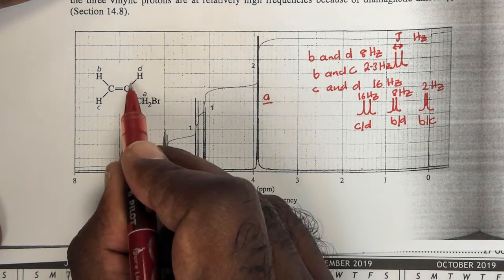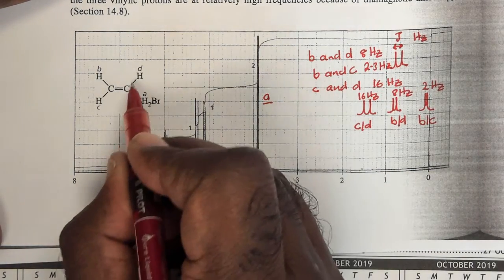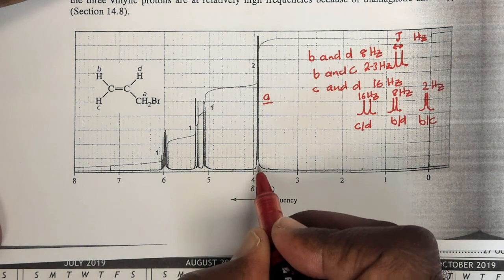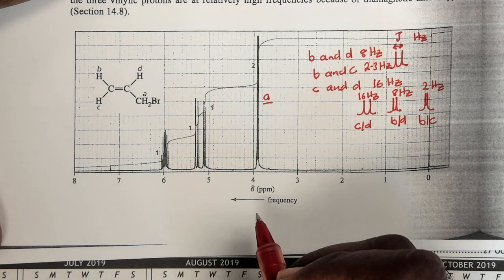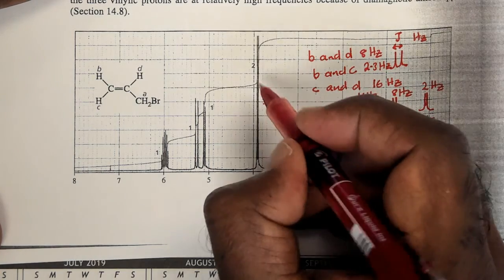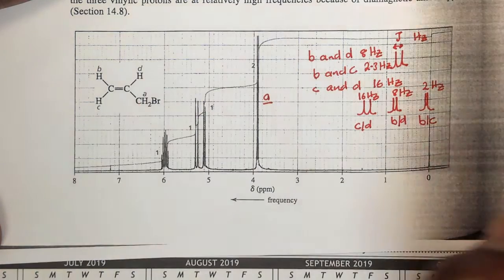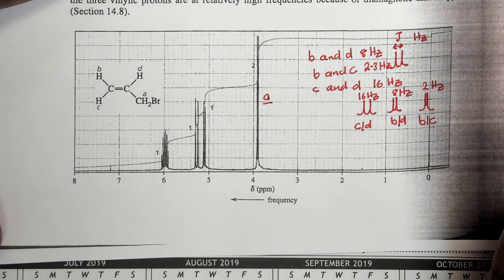Because it's a doublet because it's next to the CH group, and that's A. De-shielded because next to a bromine, so it occurs around 3.9. So I've got A. So these 3 resonances here must be B, C, and D, and let's see now which is which.